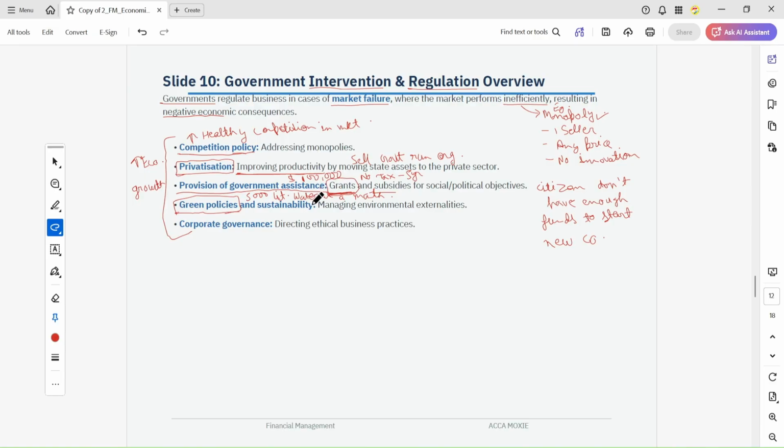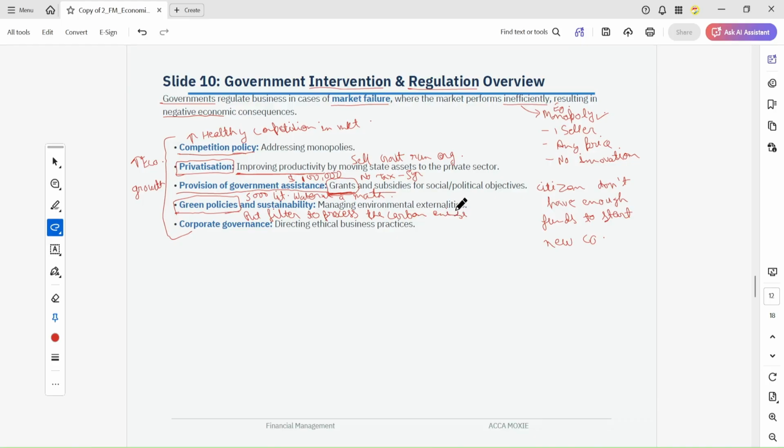And you cannot emit carbon without filters, so you have to put a filter process on the emission.